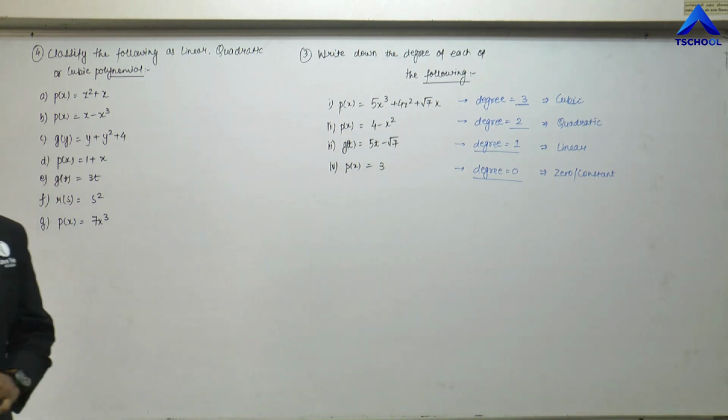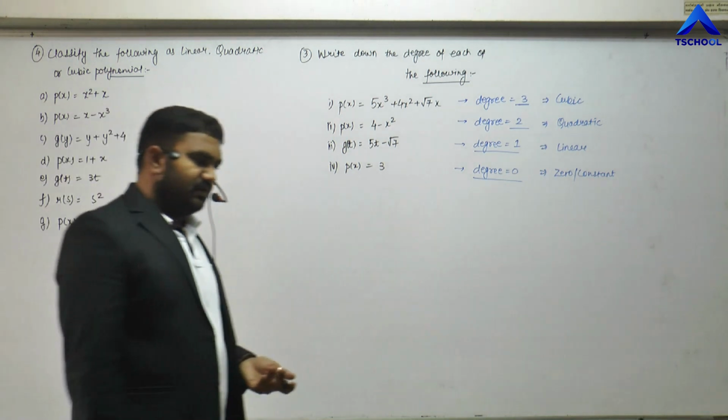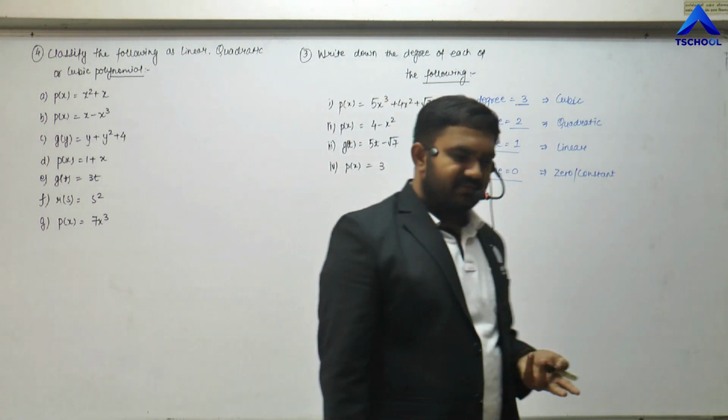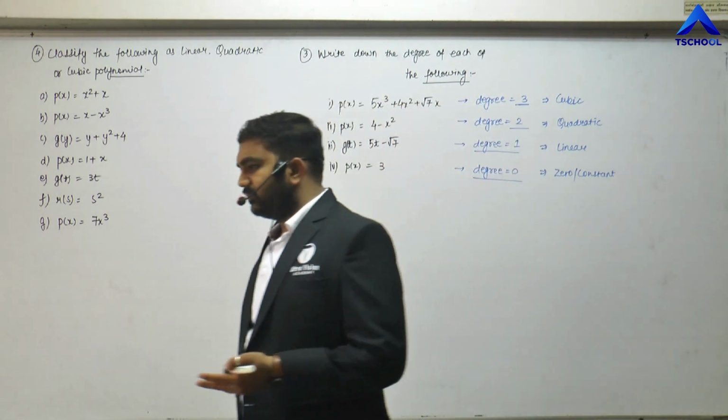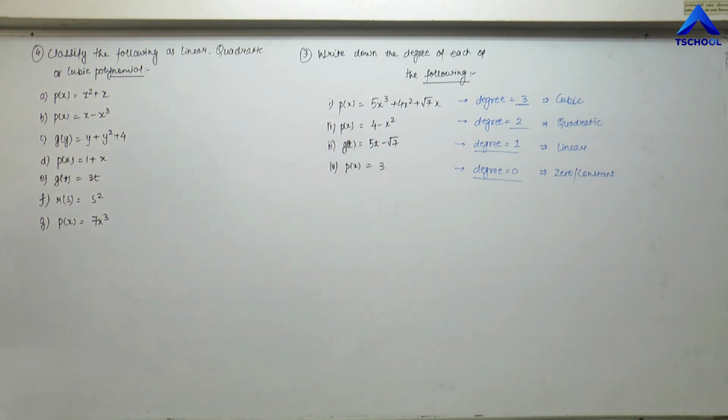Right, so I have these 7 examples here with me right now, and we are going to classify them based on these 3 categories, that is whether they are linear, quadratic or cubic. So for a linear polynomial, if the degree is equal to 1, then that is known as a linear polynomial. If degree is equal to 2, that is known as a quadratic, and if degree is equal to 3, then that is known as a cubic. Let us classify them.